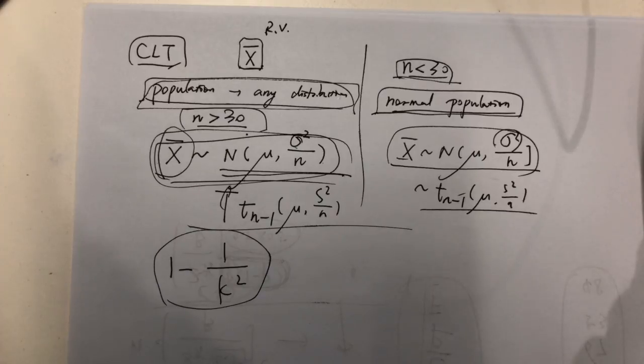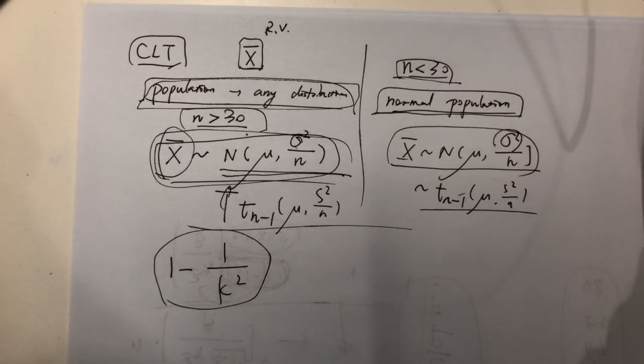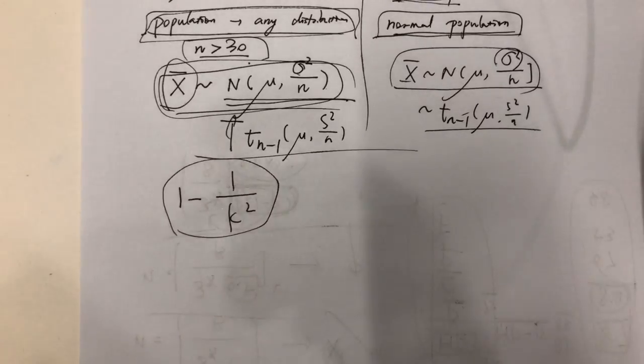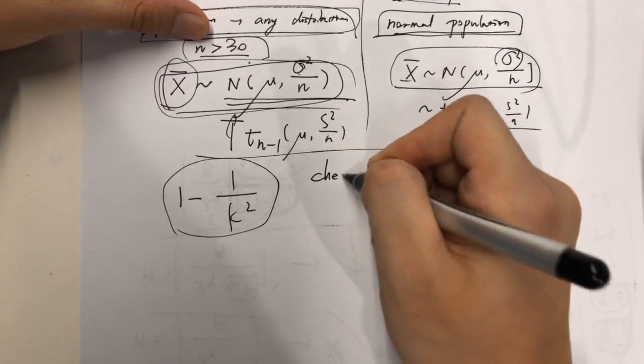Empirical rule, Chebyshev's theorem. Where is it? Where are you? Okay, I got it.